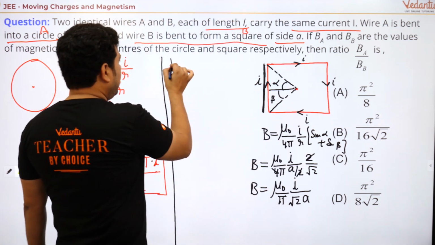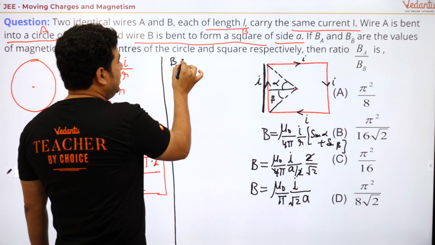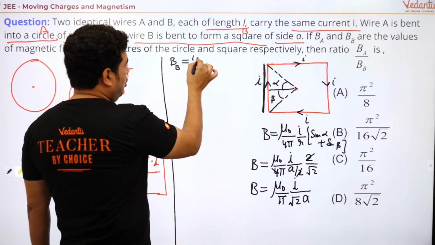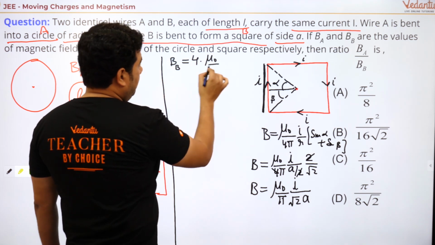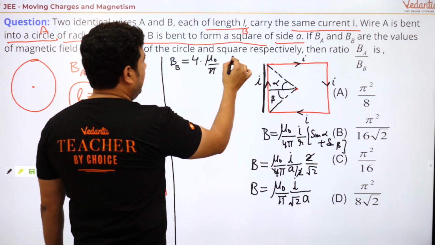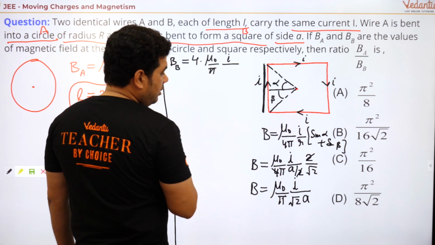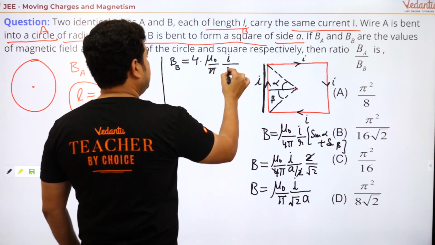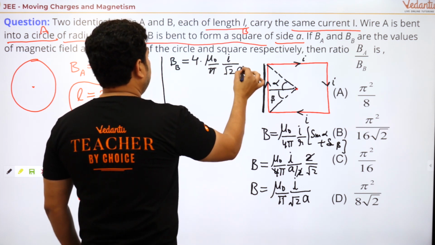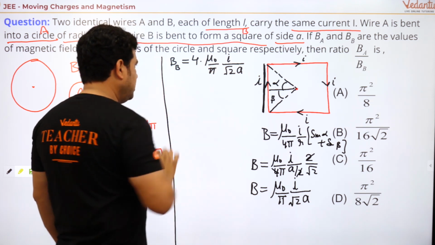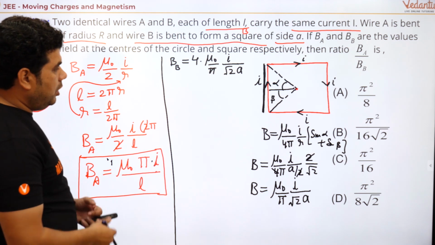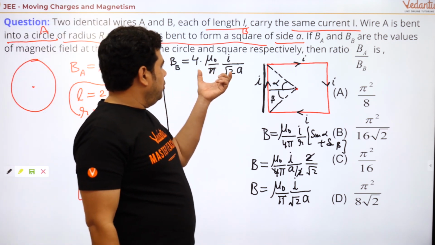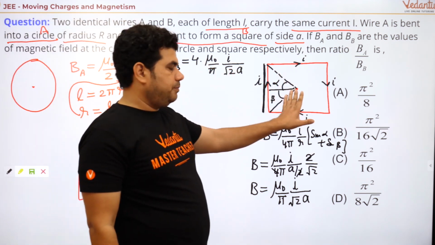So the net magnetic field is 4 times this, that is 4 into mu naught by pi I divided by root 2A. So this is the formula for this one.